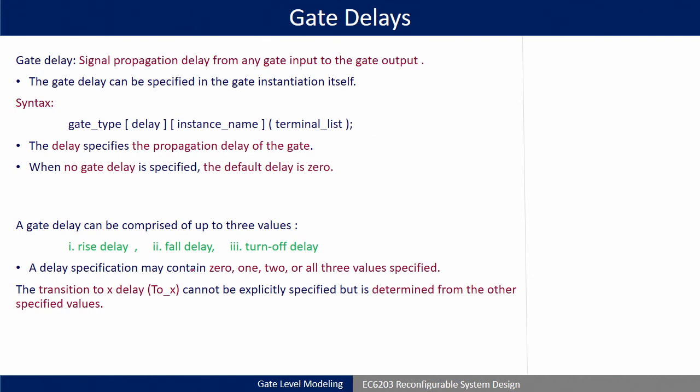A delay specification may contain 0 delays, that means no delay, or it may contain 1, 2 or 3 values. That means in this delay space I can specify only 1 delay, or 2 delays or 3 delays. So, we will see what those delays are. Depending upon these values, the transition to x delay will be evaluated.